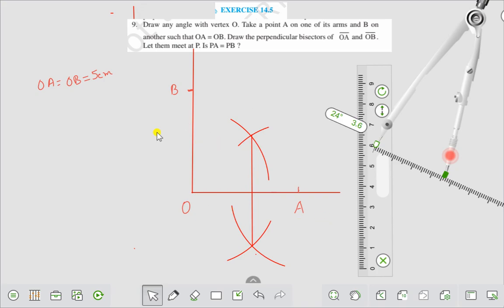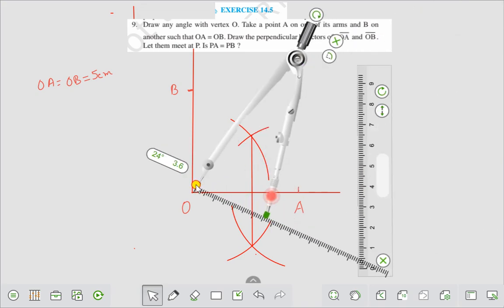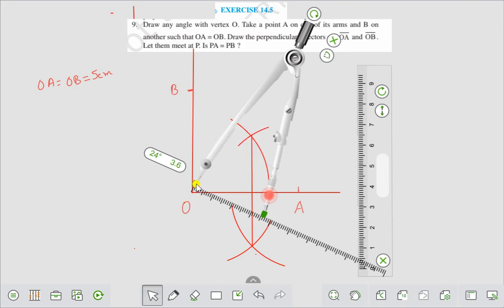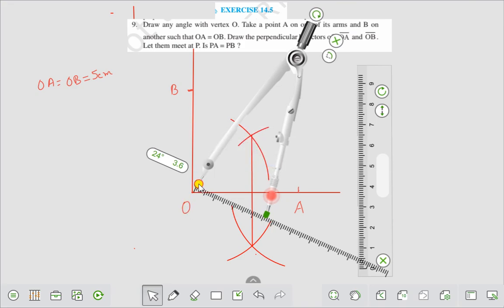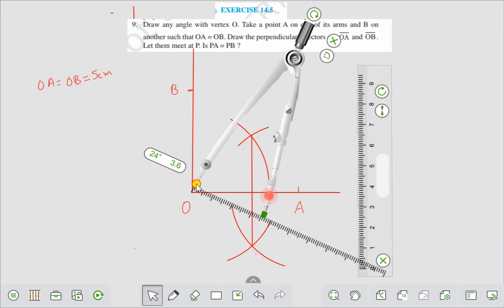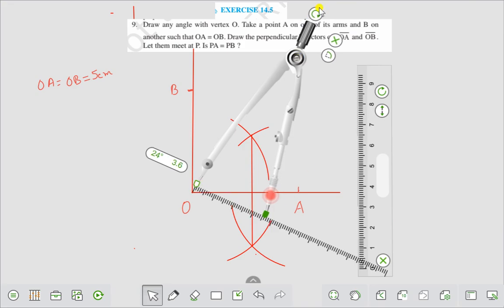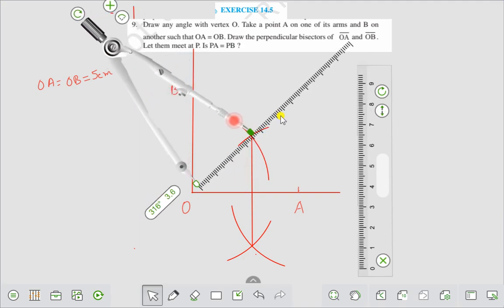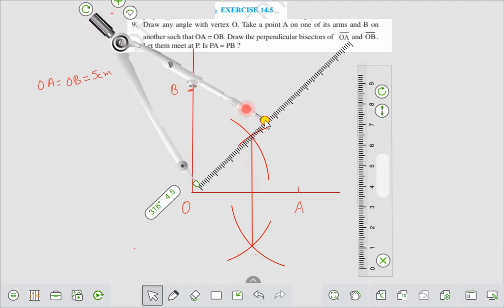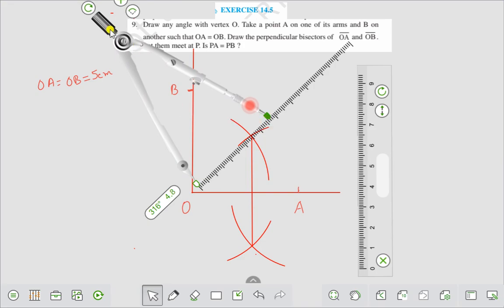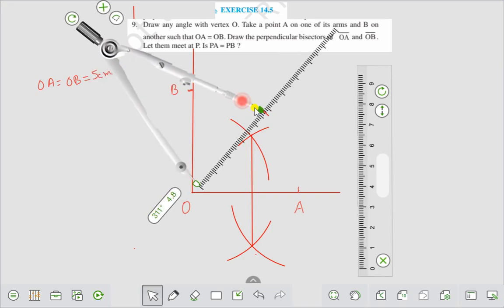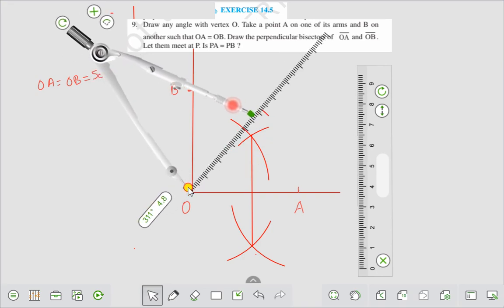Let us again draw the perpendicular bisector of OB, right? Take the pointer here at point O and draw a curve. Let us increase this length, right? Let us draw one curve here.